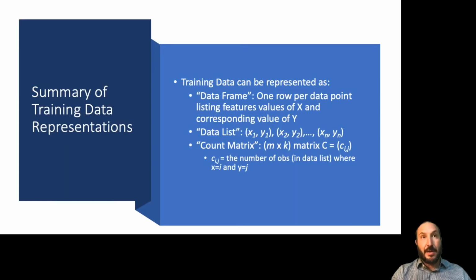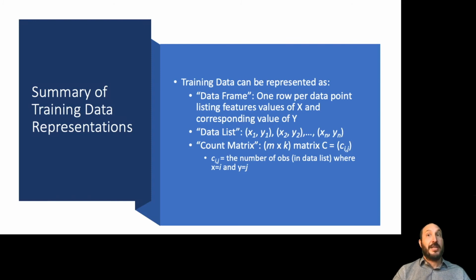So to start wrapping up what we've shown so far, let's summarize the different training data representations that we talked about today. One is the data frame, where we've got one row per data point, and we list the feature values of X and the corresponding value of Y. This is your Excel spreadsheet view, or your Pandas data frame, or your R data frame, how you would typically represent the data. The second is this data list, where we think of a list of XY pairs.